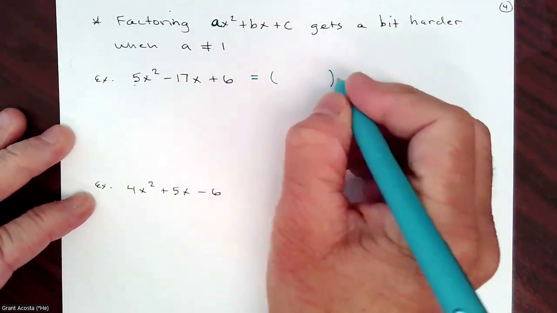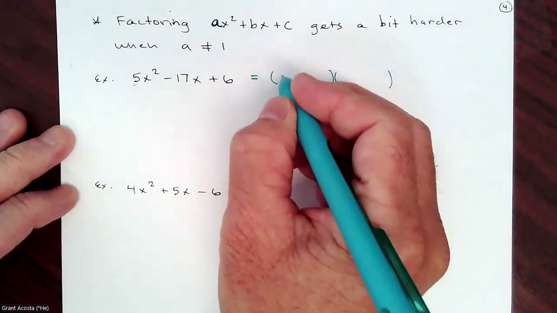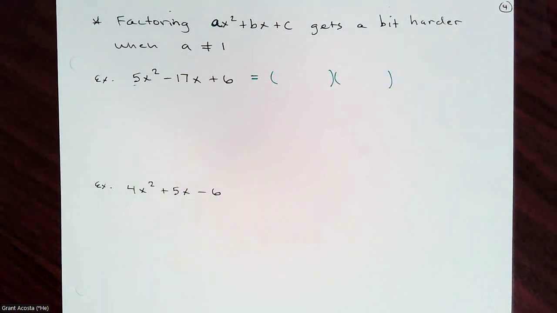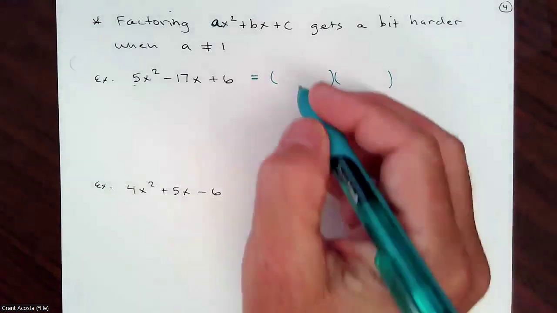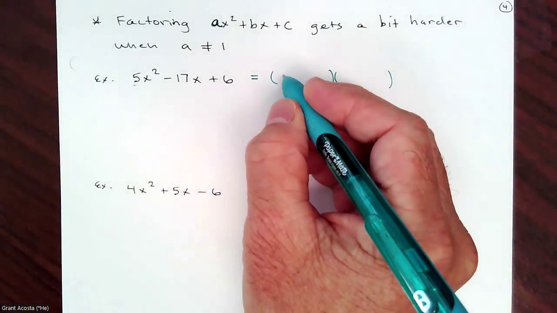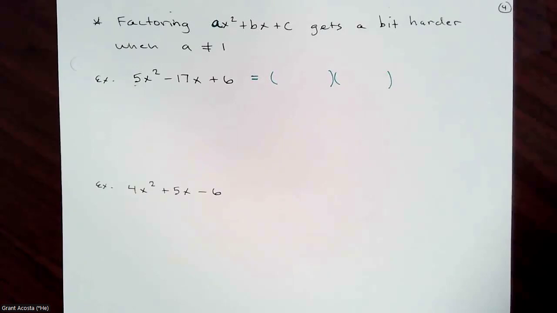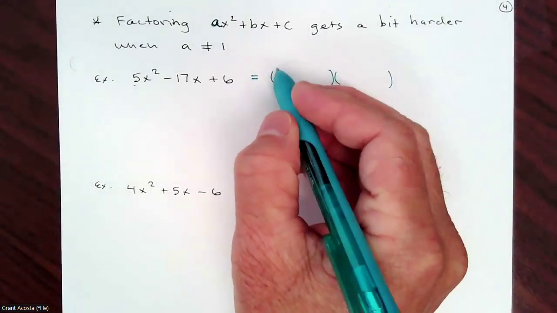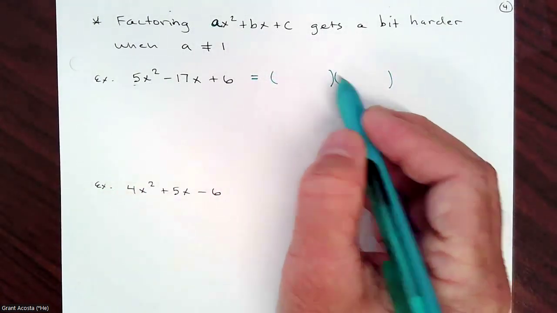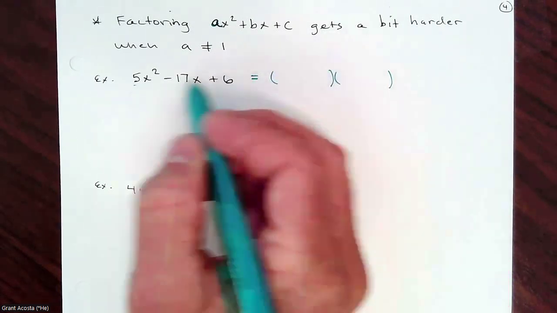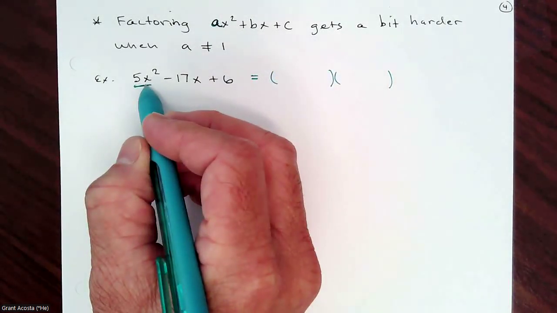That sounds kind of tedious, but I have some strategies that I want to share with you that make this hopefully a little more enticing, rather than trying to memorize some technique that you're going to forget in a year. Because here's what I know. If I assume it factors into a binomial, then the first two terms have to multiply to give me 5x squared.